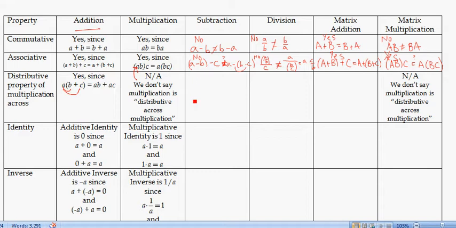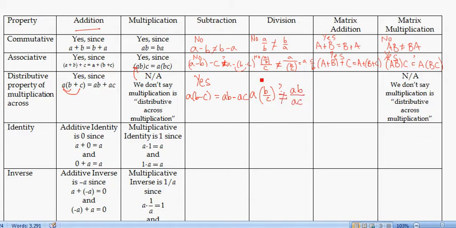But what about the distributive property of multiplication across subtraction? Is A times B minus C going to equal A times B minus A times C? And of course, yes, that's true. What about if I take A and try to distribute across B divided by C? So the question is, is that A times B over A times C?